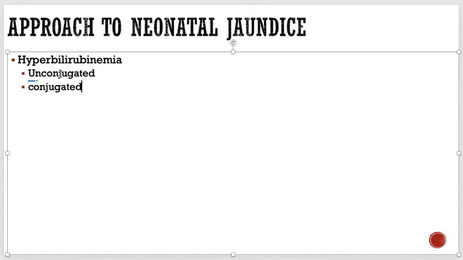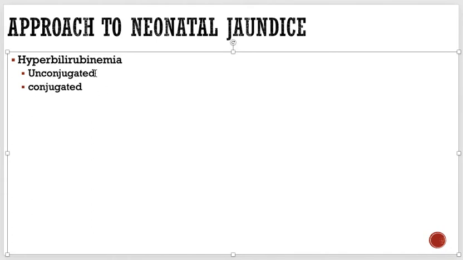If the unconjugated is high, we say the baby has unconjugated hyperbilirubinemia. But if the conjugated bilirubin is high, we call it conjugated hyperbilirubinemia, and that's how we approach it, because they both have different causes.